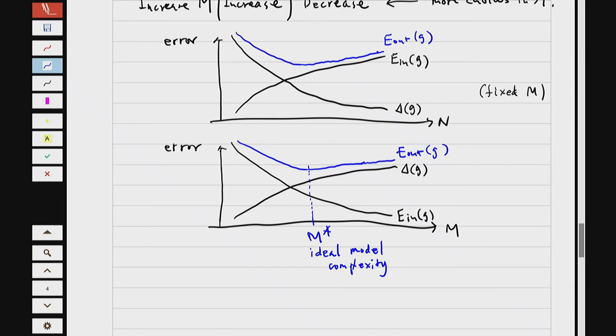Yes. I don't get how H is independent, because whenever you train a machine learning model, H is in. You said H is independent. No. The H1 to HM, they are there, right? The hypothesis set is there.